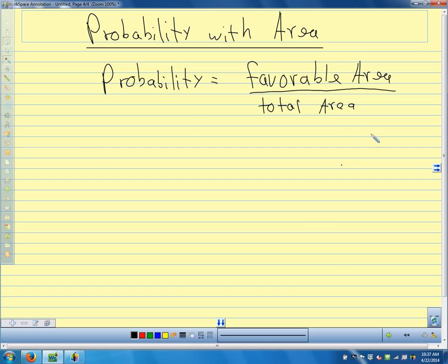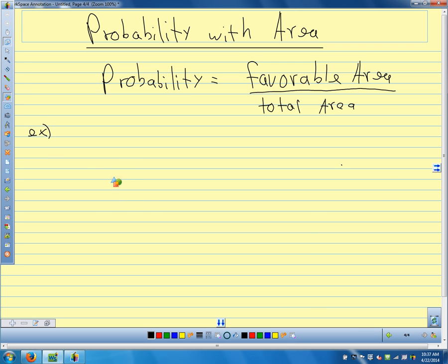So that formula would be what would go in your graphic organizer. It's really the same idea. With segments we use length, with area we use area. So let's look at a couple of examples of using area with probability.